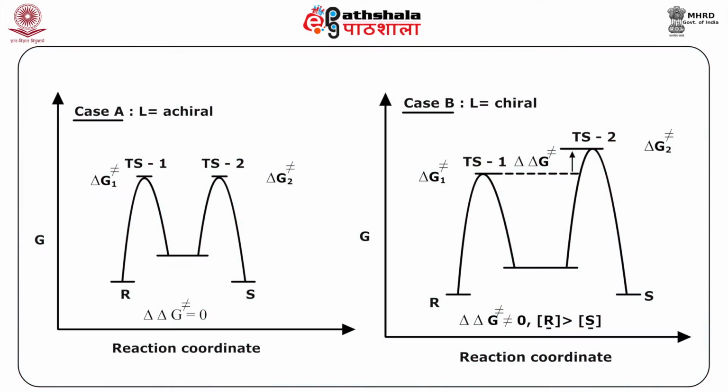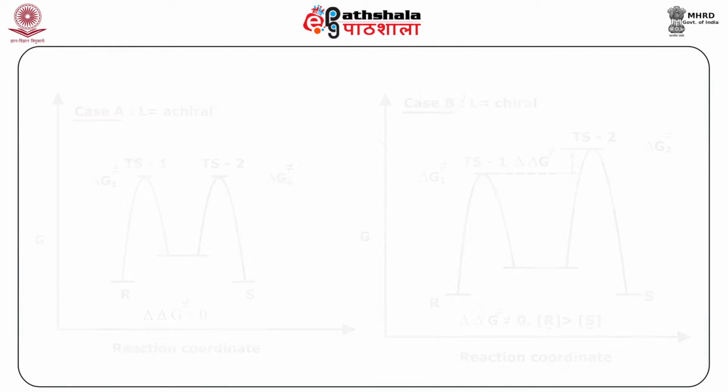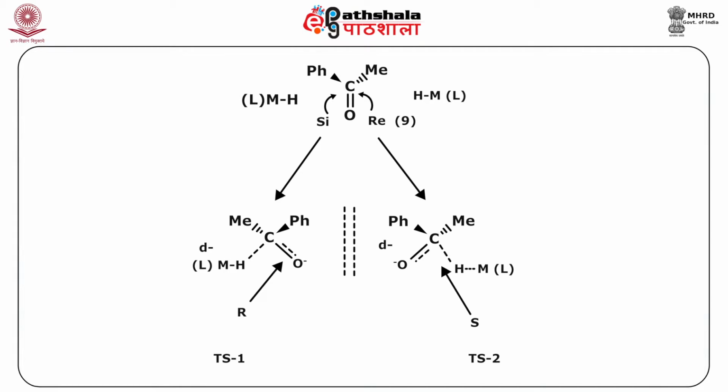The principle of enantioselective reaction stated above is illustrated with the help of an energy diagram. Acetophenone has two enantiotopic faces, Re and Si, as shown, and an organometallic hydride is represented by HML.